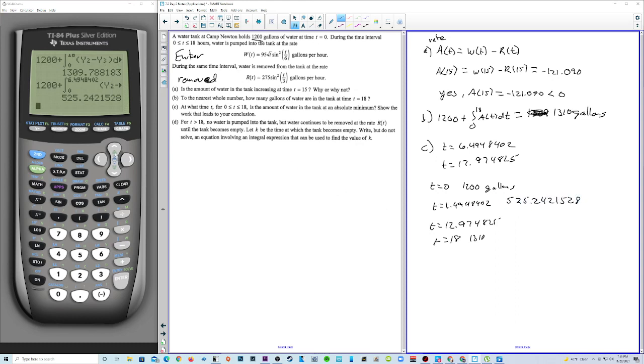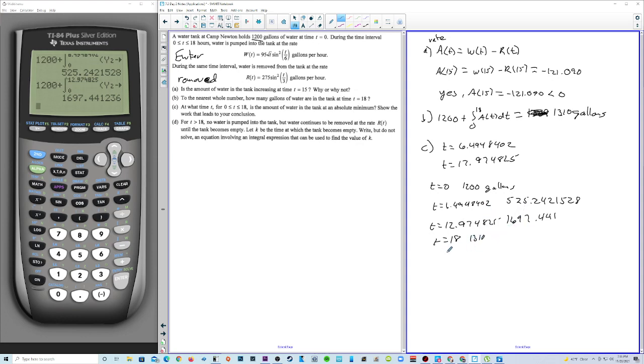And then we'll go grab this again and change this value to 12.974825. Yeah, that looks right. Waiting for the calculator. 1,697.441. That's the winner so far. Oh, and it is definitely the winner, because this was the 1,310.